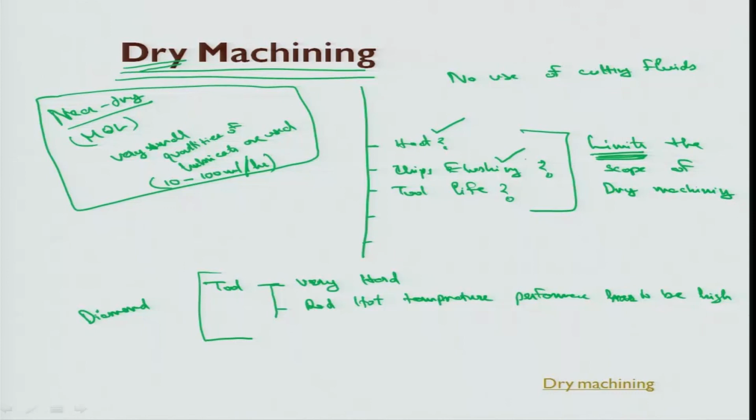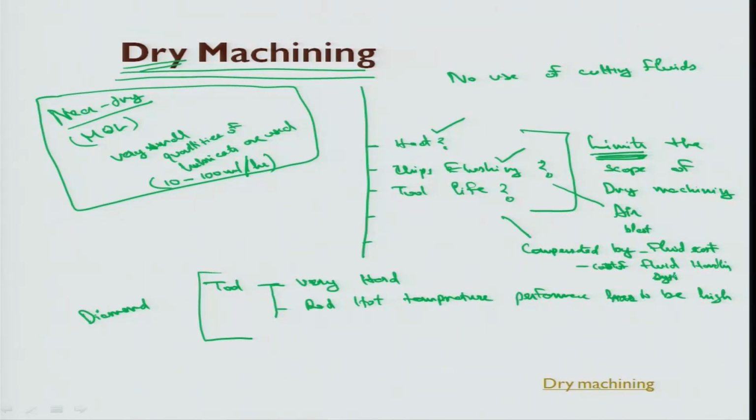The chip flushing can be done with the help of air blast. Then tool life is compensated by fluid cost, not only the cutting fluid cost, but the cost of the fluid handling system.